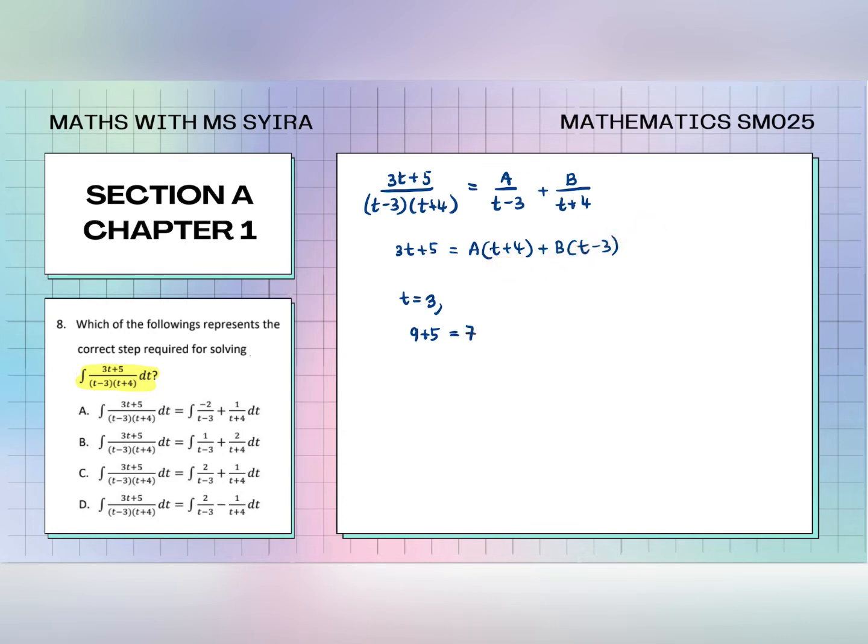We have 7A. So A will be 14 divided by 7, which is 2.